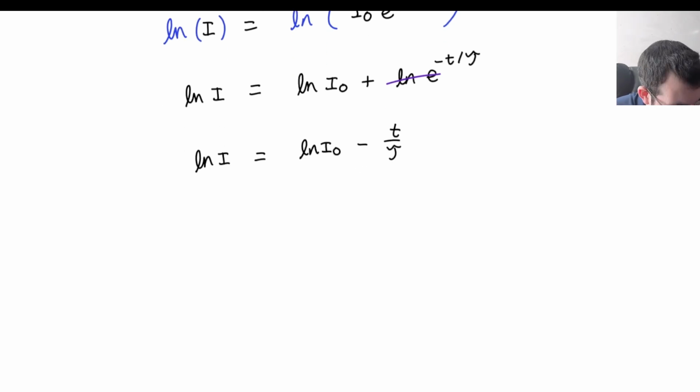Let's do some rewriting. We can write ln of I is equal to, negative 1 is a constant, and the time constant, 1 over tau, is a constant. So I can write this as negative 1 over tau times t plus ln of I0.